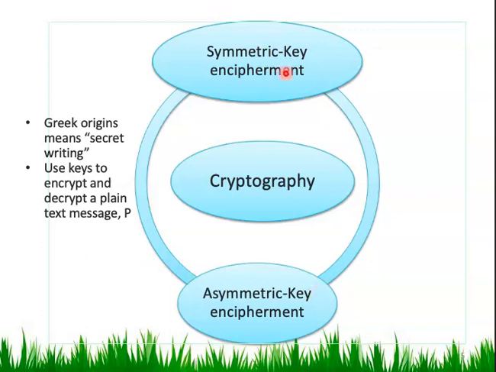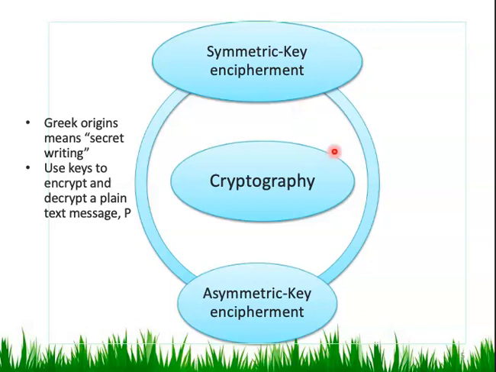There are two methods: symmetric key encipherment and asymmetric key encipherment. In the past, cryptography referred only to the encryption and decryption of messages using secret keys.